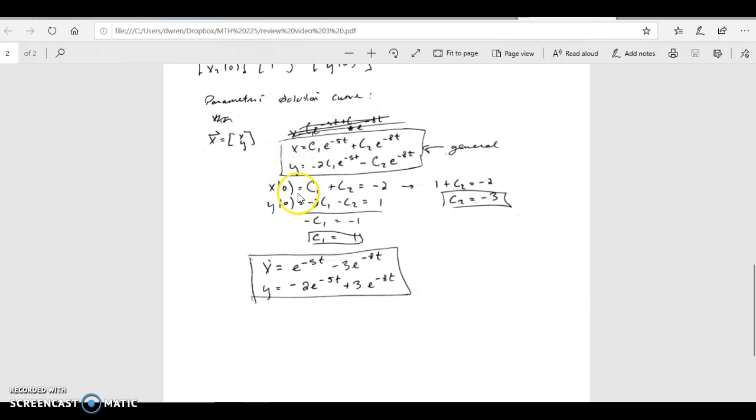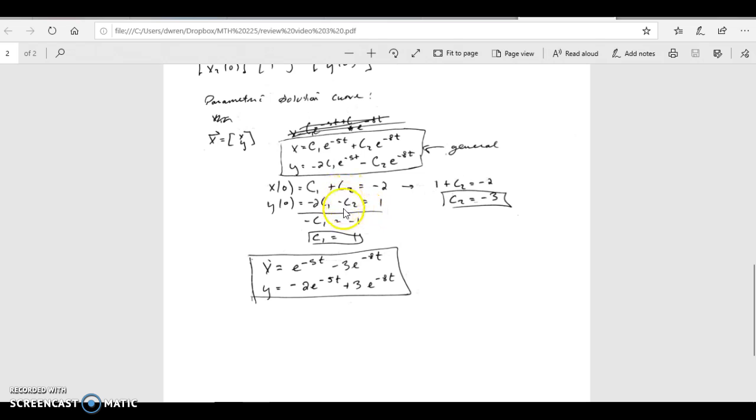Now, solving for the IVP, taking x of 0, substituting in 0 for t, you get c1 e to the 0, negative 5 times 0 being 0. So you just get c1 plus c2 times e to the 0, or 1, equals negative 2. And y of 0 equals negative 2 c1 minus c2, again e to the 0 being 1 on both of these, equals 1.